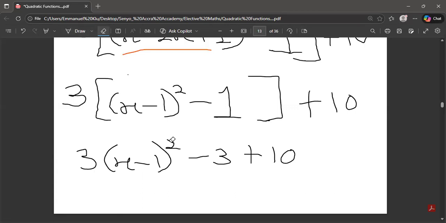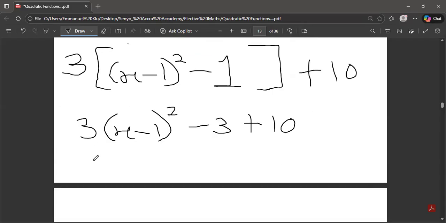Finally, you realize that what is going to happen over here is that we are still going to keep what is in the bracket. We will not touch it because of the work we want to simplify. But the other ones, you see that we can simplify them.